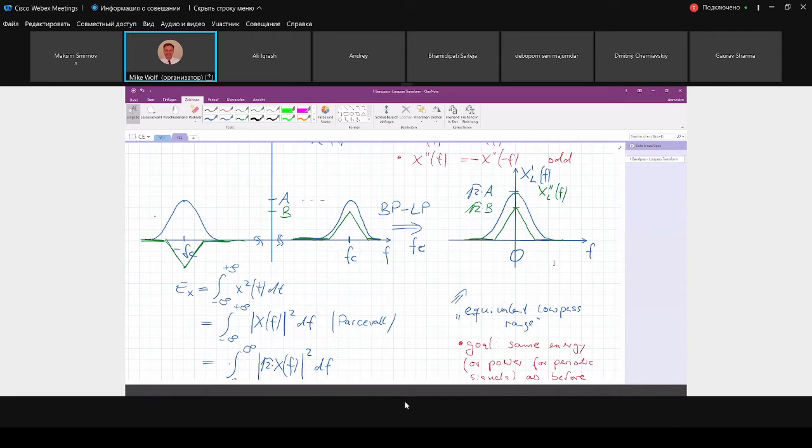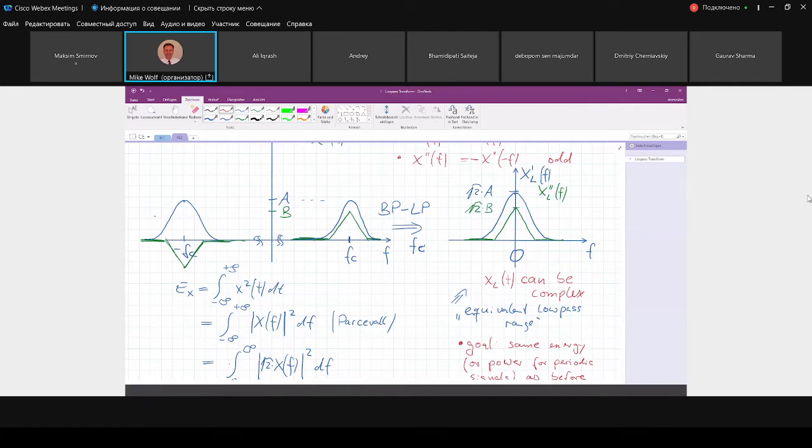So in the general case, the equivalent low-pass signal is complex. This is really important. I forgot to mention this. So XL of t can be, and in the general case is, complex. So now we have complex valued signals. This is the general case. Only in some special cases is the equivalent low-pass signal still real valued.